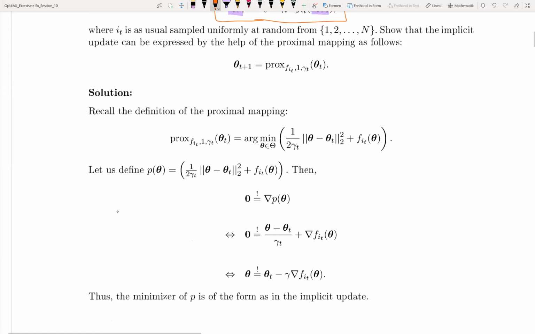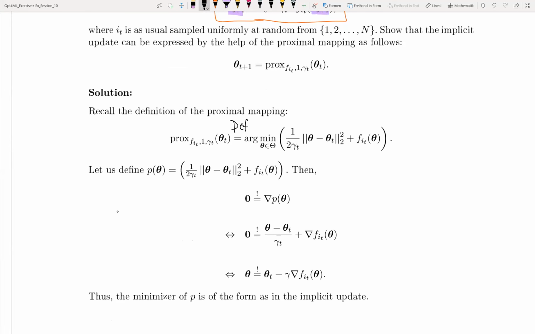Well, how can we see this? Let's plug in the definition of the proximal mapping. For this parameter setting, it's the minimal theta which is closest to the theta_t we plugged in here. Yeah, in the squared Euclidean distance sense.